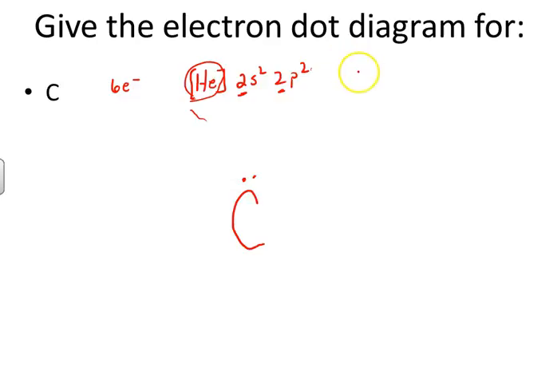In fact, if you think about this from the standpoint of orbital diagrams, we've got an up arrow and a down arrow. So a pair of electrons, that's 2 dots. And then in p, we've got them separated into 3 orbitals, and we're going to have 2 that are spinning parallel in separate orbitals. So we separate those to show that they're separate individual electrons rather than pairs of electrons.